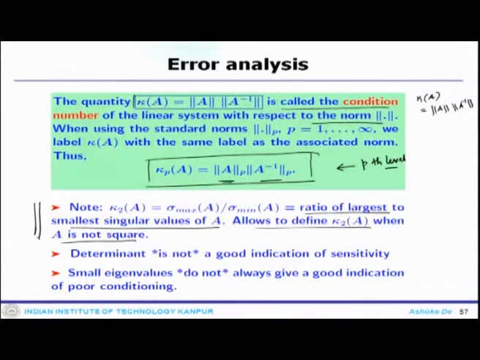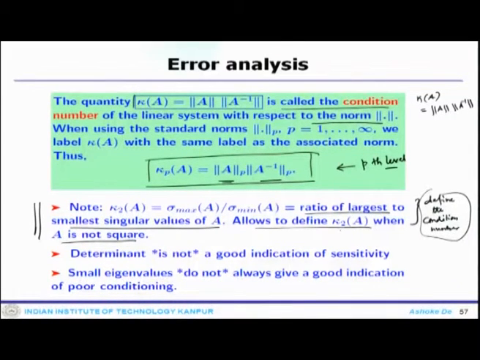When A is not a square matrix, you can still define the condition number, and as you see, it is the ratio of the largest to the smallest singular values of A. This tells you, depending on the condition number, the sensitivity of the matrix for the linear solution.